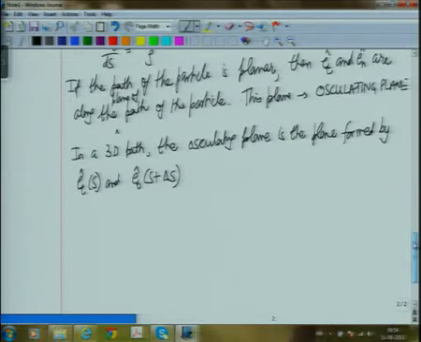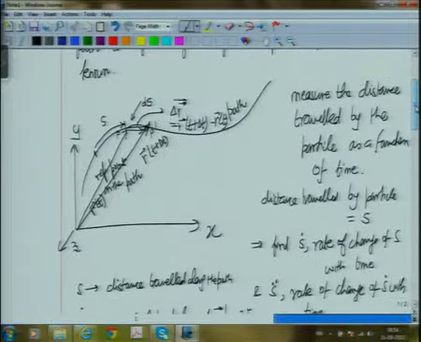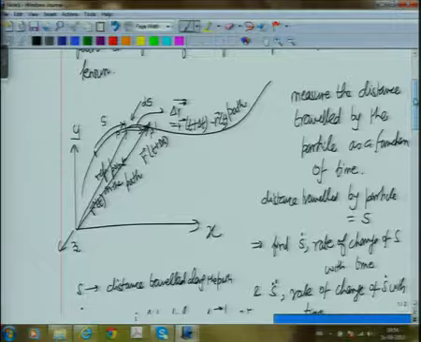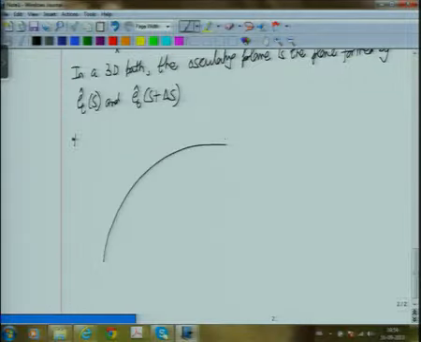Now what we have is, if we look at the vector Et, let me come back to this picture, or maybe I will draw it separately. Let me draw a new picture. Suppose this is the path, I am blowing up, this is the point P, this is the point P prime.